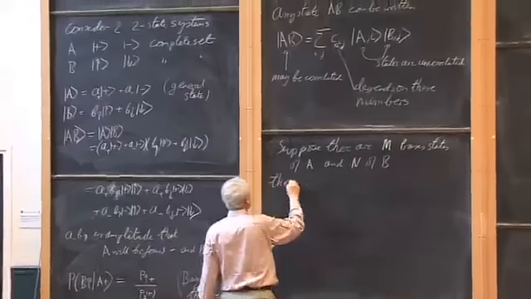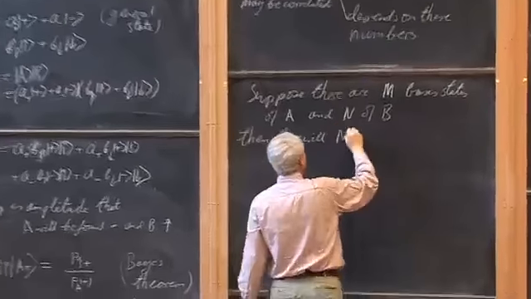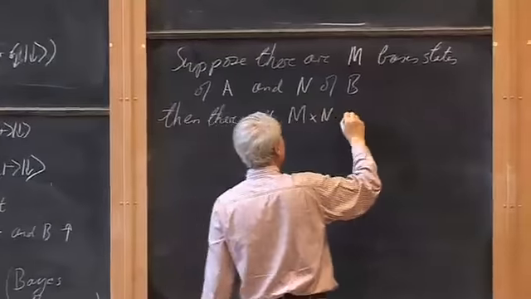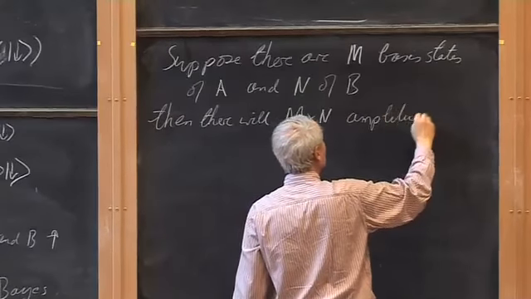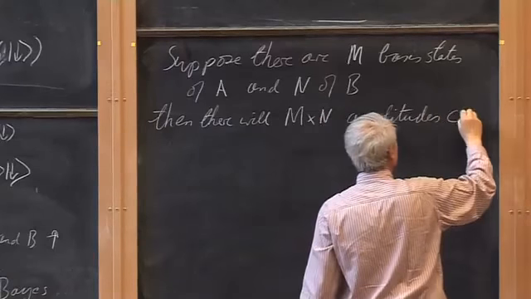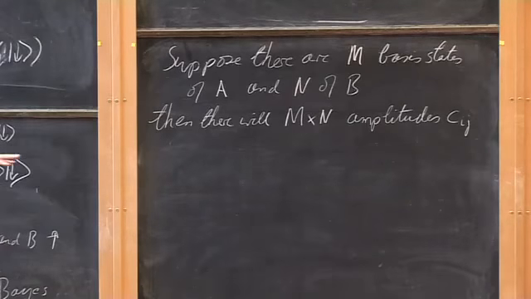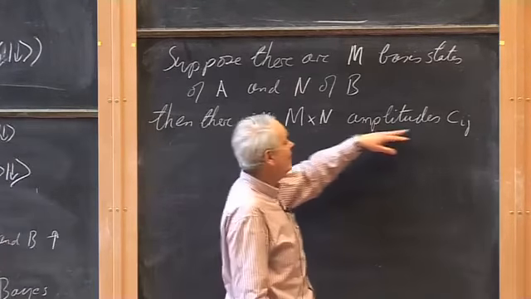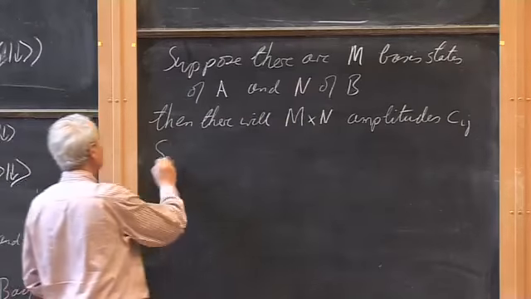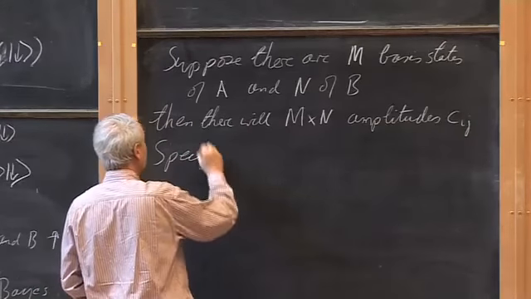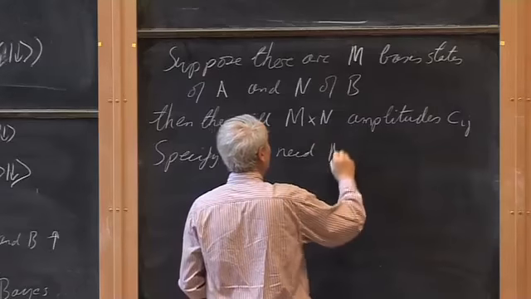Then there'll be m times n amplitudes C_ij. So to specify a general state of the system, you need to specify mn numbers, C_ij. But to specify a state of A, you need just m numbers.